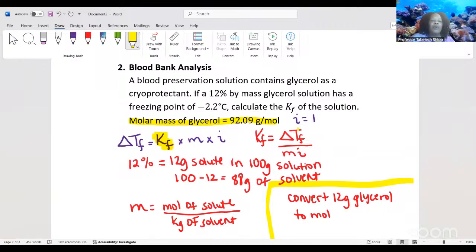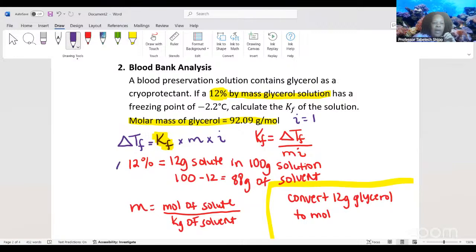Anytime you see a percent number in the problem, it says 12% by mass glycerol solution. What you have to do is know that 12% means 12 grams of the solute in a 100-gram solution. You have to subtract those two numbers in this step right here, okay?